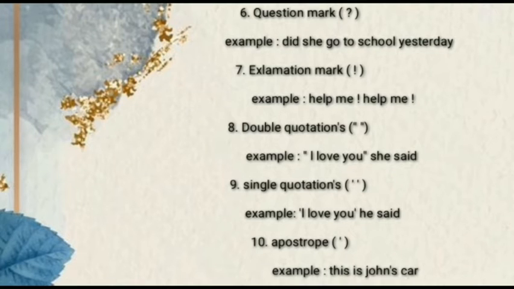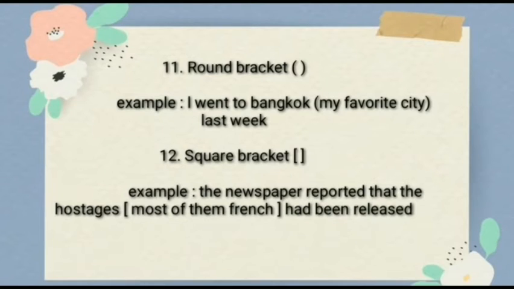Apostrophe. For example, this is John's car. Round bracket. For example, I went to Bangkok (my favorite city) last week. Square bracket. For example, the newspaper reported that the hostages [most of them French] had been released.